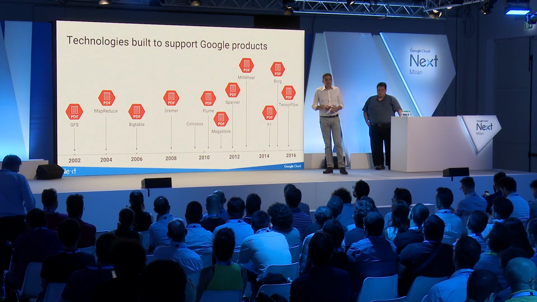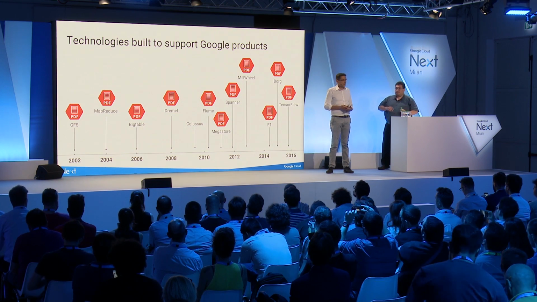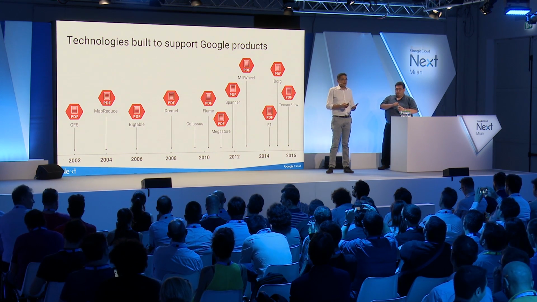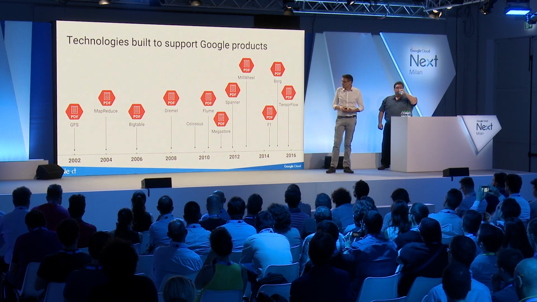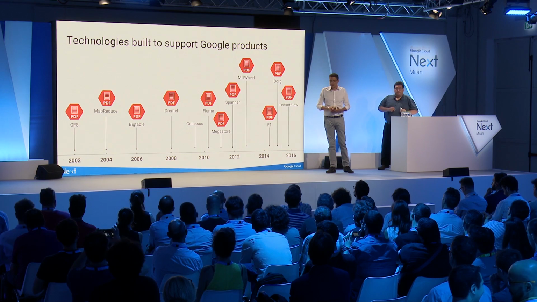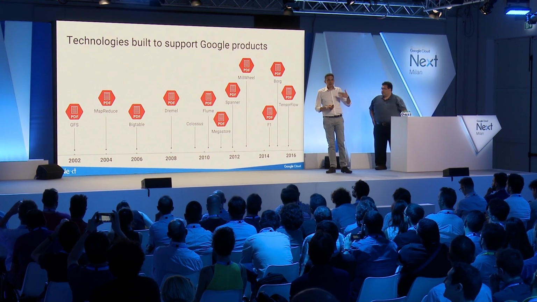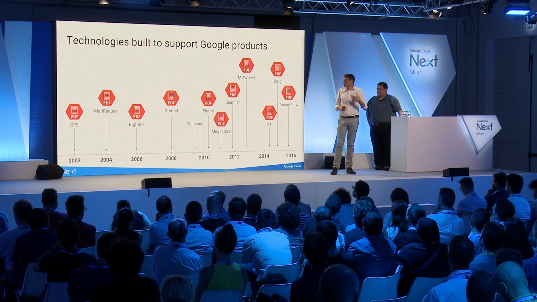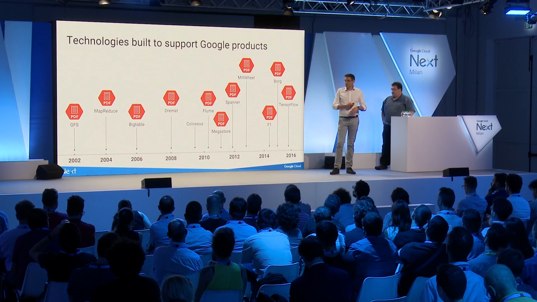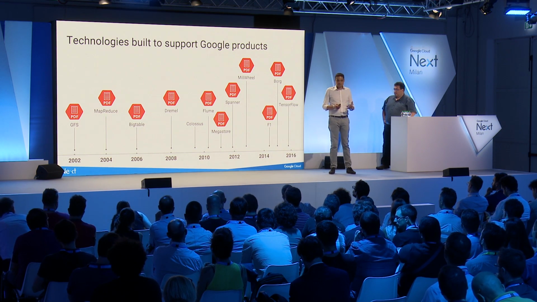During the years, Google developed a series of technologies to run its products, technologies that became technical papers, white papers, starting from Google File System, and then MapReduce in 2004, that then became the Hadoop open source project, and Dremel and Borg, for example, that became Kubernetes or TensorFlow.